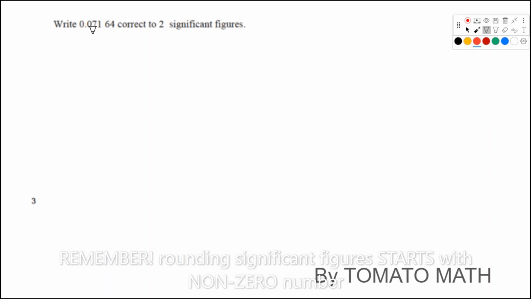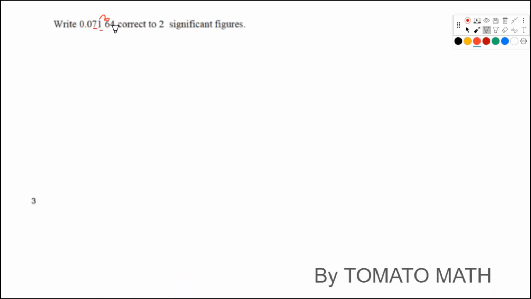So 7 is the first number and 1 is the second number. And we will see the number on the right of 1, so it will be 6. So 6 is more than 5, so we will add 1, so it will be 0.072. Again remember that with two significant figures, if we have a 0, we do not start to count it, so we will start from the non-zero number.